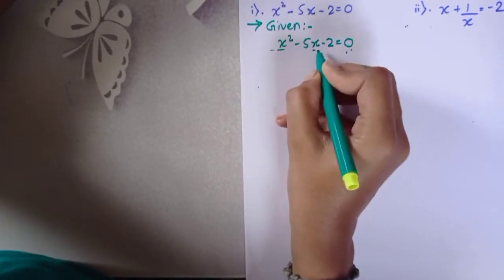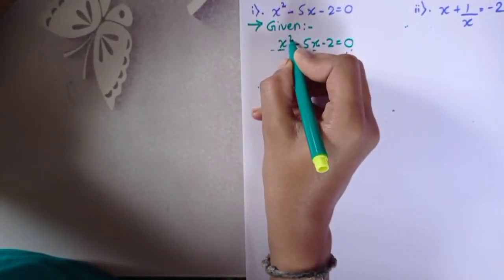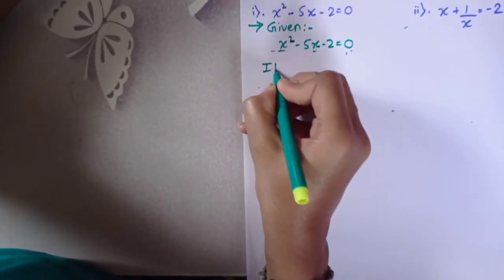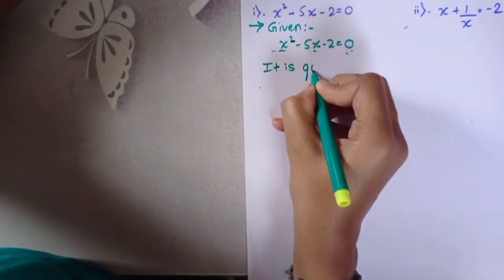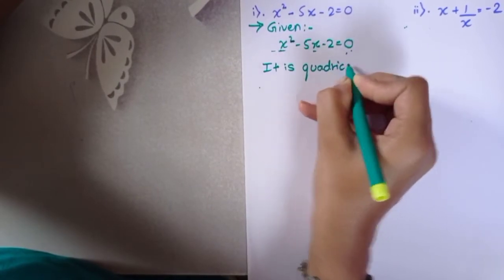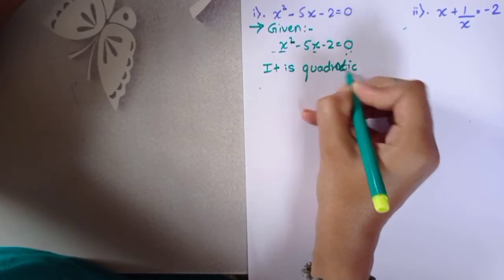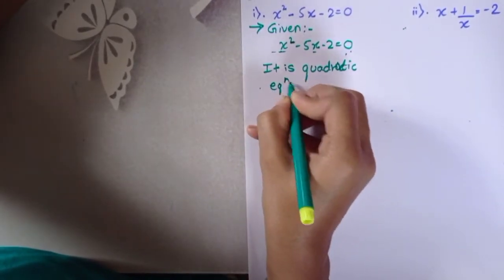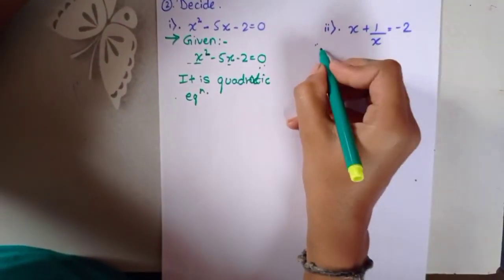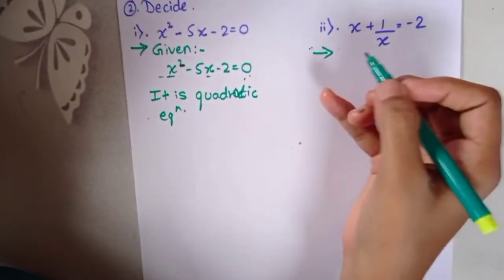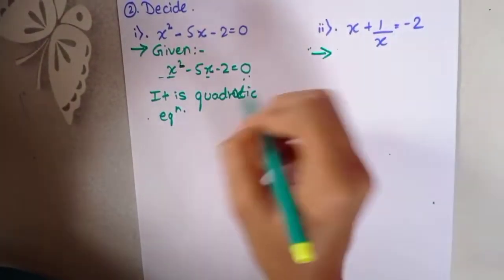There is one variable having maximum degree 2. Therefore, it is a quadratic equation.